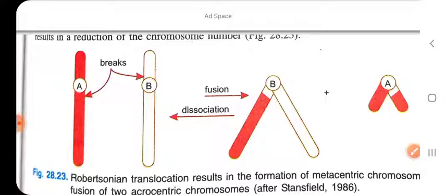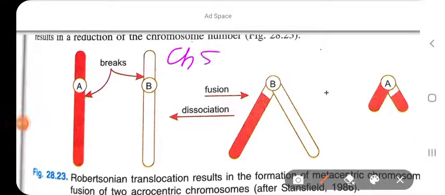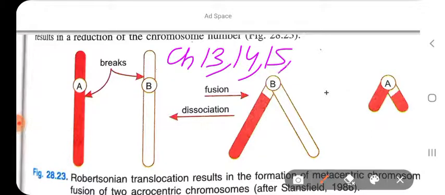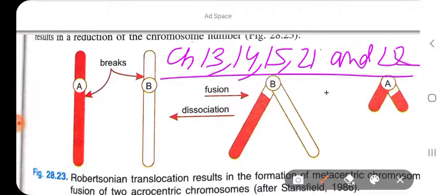Those acrocentric chromosomes in humans are chromosome number 13, chromosome number 14, chromosome number 15, chromosome number 21, and chromosome number 22.